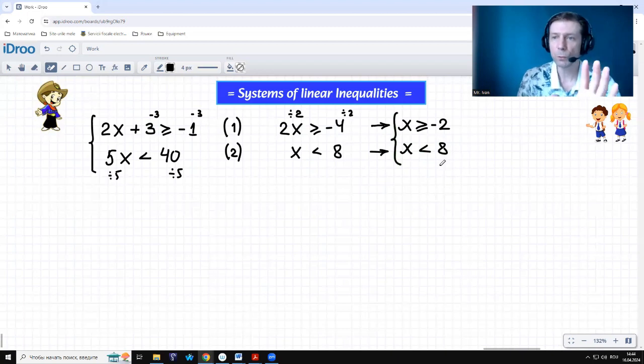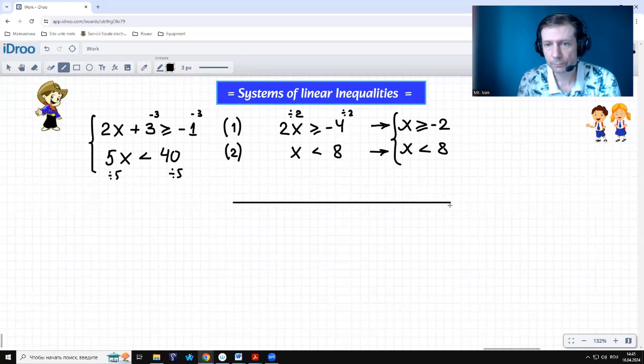Now, we could use 2 number lines or 1 number line, whatever you like more, basically it doesn't matter. Let's do this, a number line. X. And then -2 is over there.